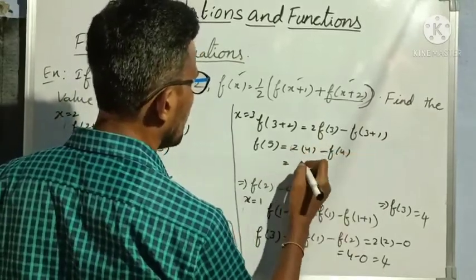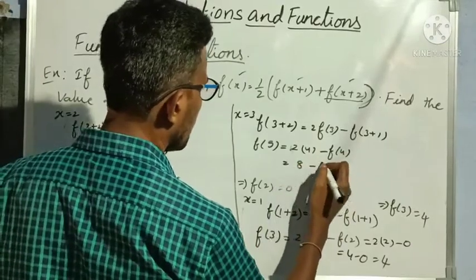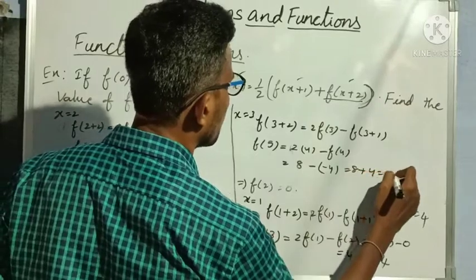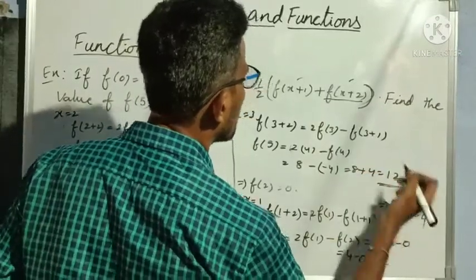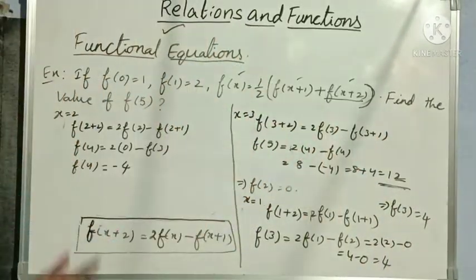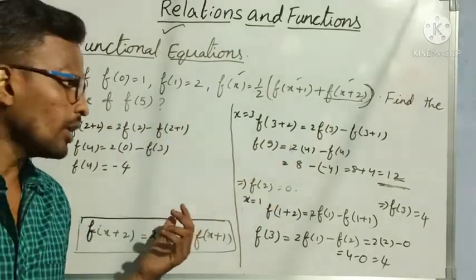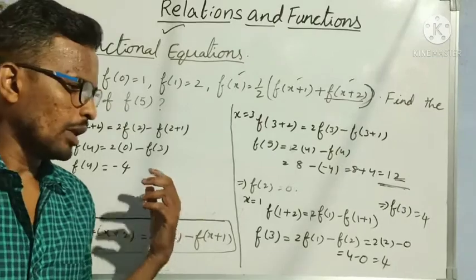So that is equal to 8 minus f(4), value is minus 4. So 8 minus of minus is plus 4, is equal to 12. So what is the value of f(5) I am getting? f(5) value is 12. This method is known as what? Iteration method. Clear?